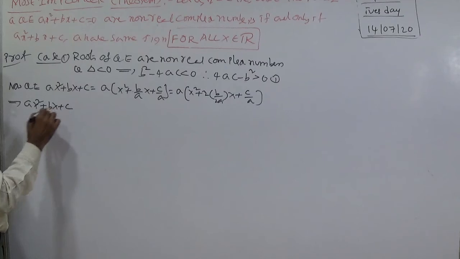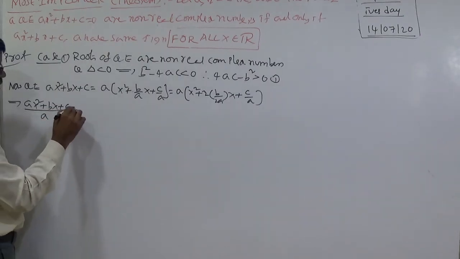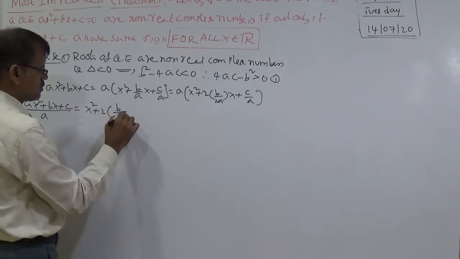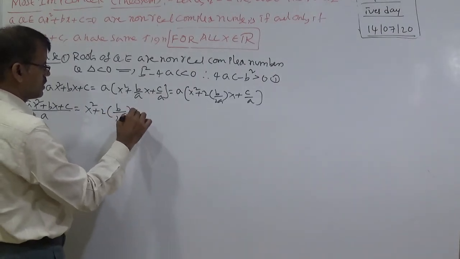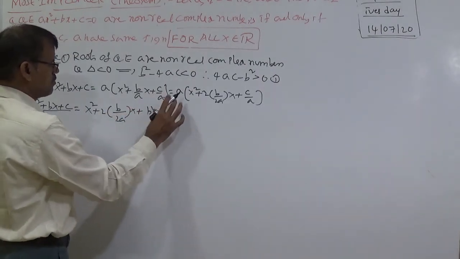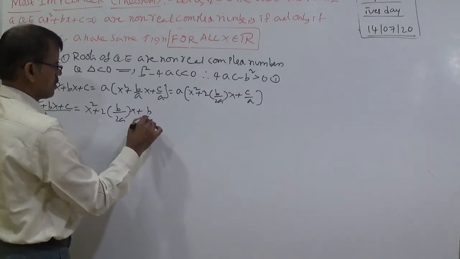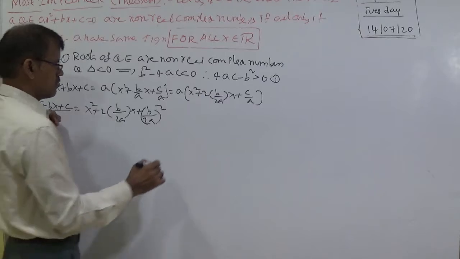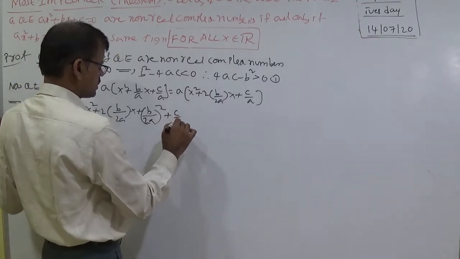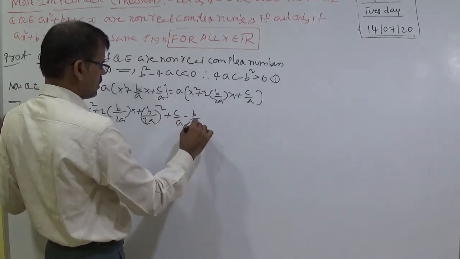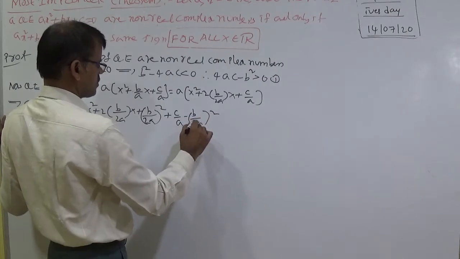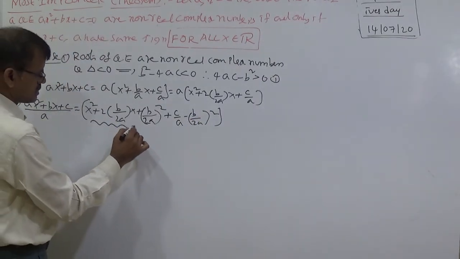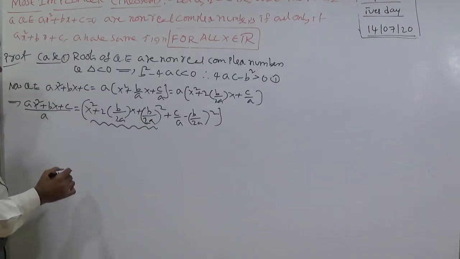Then ax square plus bx plus c by a can be written as x square plus 2 into b by 2a into x plus b by 2a whole square, adding and subtracting b by 2a whole square, plus c by a minus b by 2a whole square. Put a bracket like this.